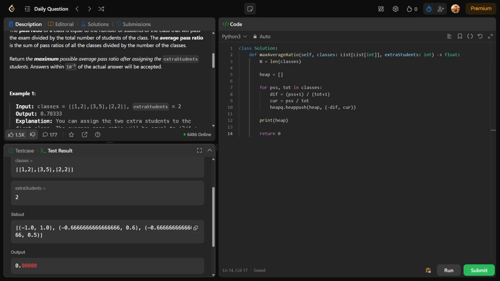Okay, so the first one is 3 by 5, 2 by 3, and 4 by 6.